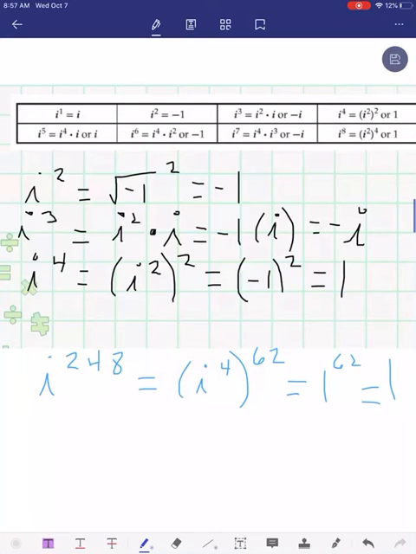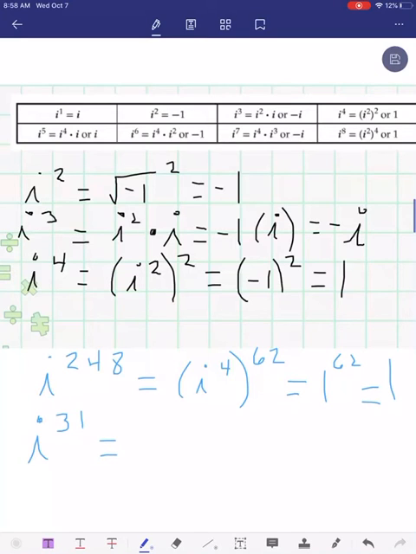Now let's look at something where 4 doesn't go into it. So let's say I had i to the 31st instead. Well, notice that 4 doesn't go into 31. However, if we think about division, well, 31 divided by 4, it can go into it 7 times exactly, and then we're going to have 3 left over.